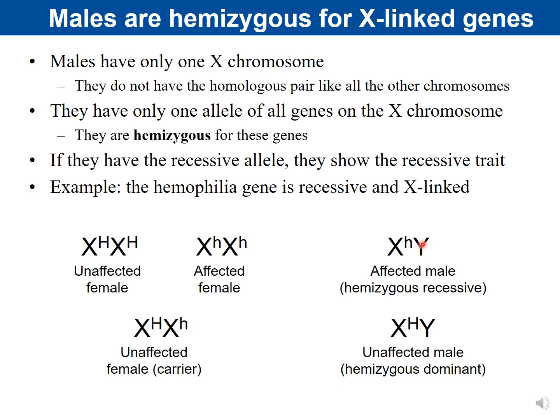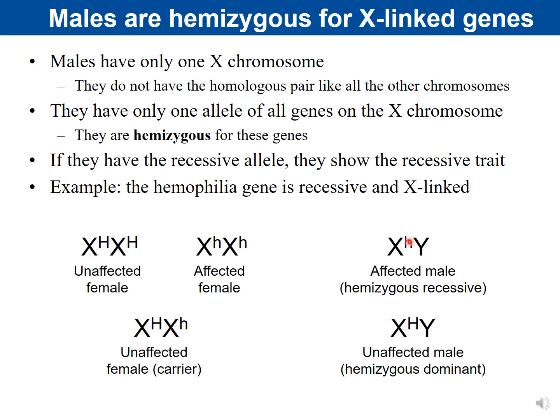So if we think about males, for example, let's say we have a male and he has hemophilia. So he's X little h, Y. If he has hemophilia, who did he inherit that disease from? Did he inherit it from his mom or his dad? So think about that for a minute.